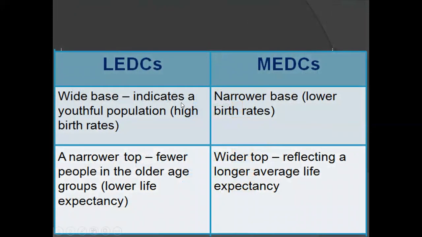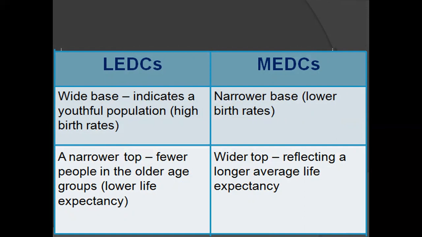Now, less developed countries and most developed countries: this is the difference between these two. A wide base indicates a youthful population and a high birth rate. If we are talking about less developed countries, you can directly get in your mind that the birth rate is going to be very high.